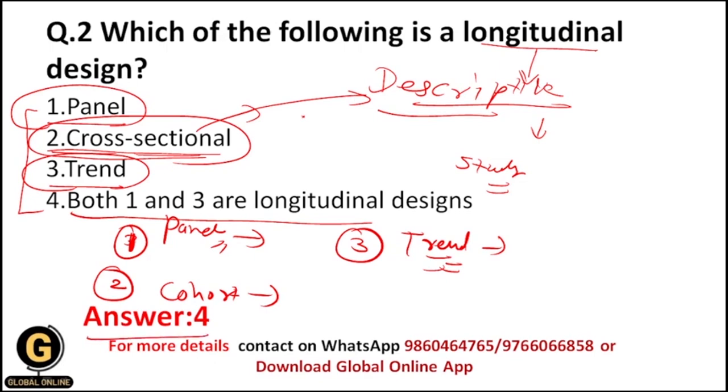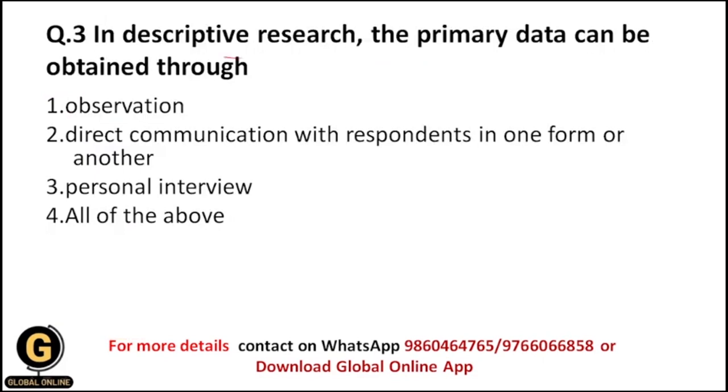Now next is, in descriptive research, the primary data can be obtained through. So in the descriptive research type, from which methods can we obtain the primary data? Basically students, primary data is the kind of data which is gathered by the first user only.